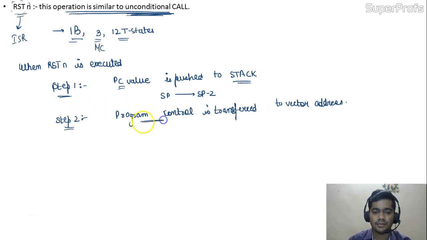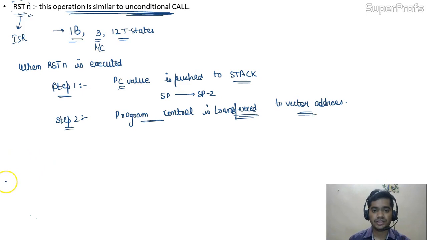Step 2 is that the program control is transferred to the vector address. The program counter is loaded with the vector address, and then the separate program is executed. So these two steps are involved in RST, and we have studied the steps involved in return as well as the call statement.